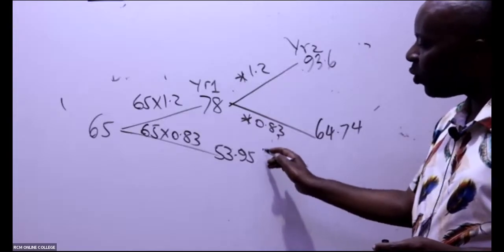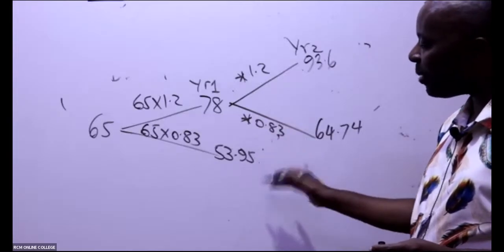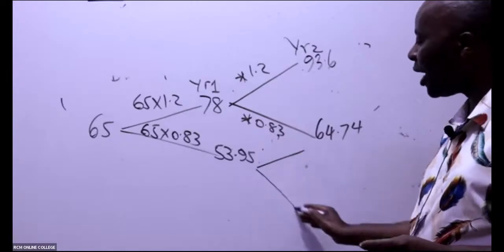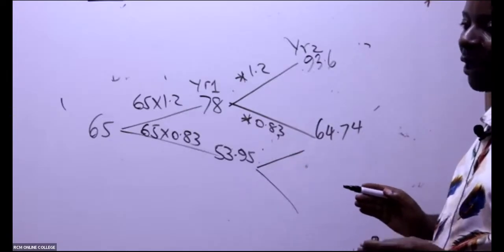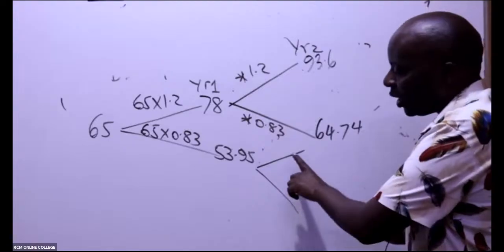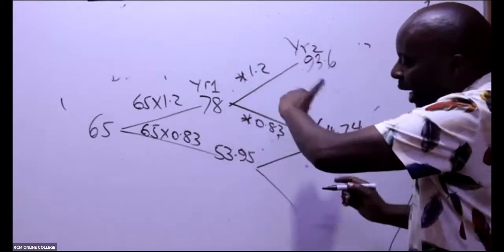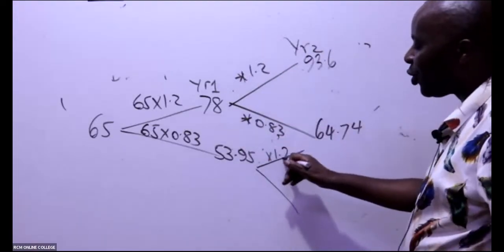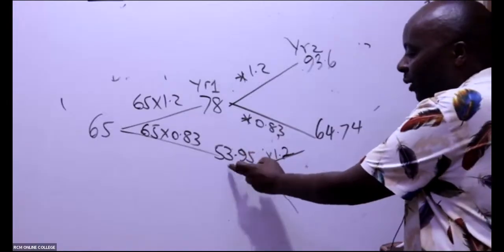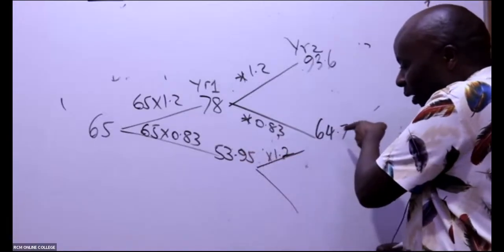How about this one? If this one was the end of year one parameter, when it goes to year number two, there are two possibilities. It could either go up, so up movement, you multiply by 1.2. And if you're right, when I take this times this, you should be able to agree with this figure.